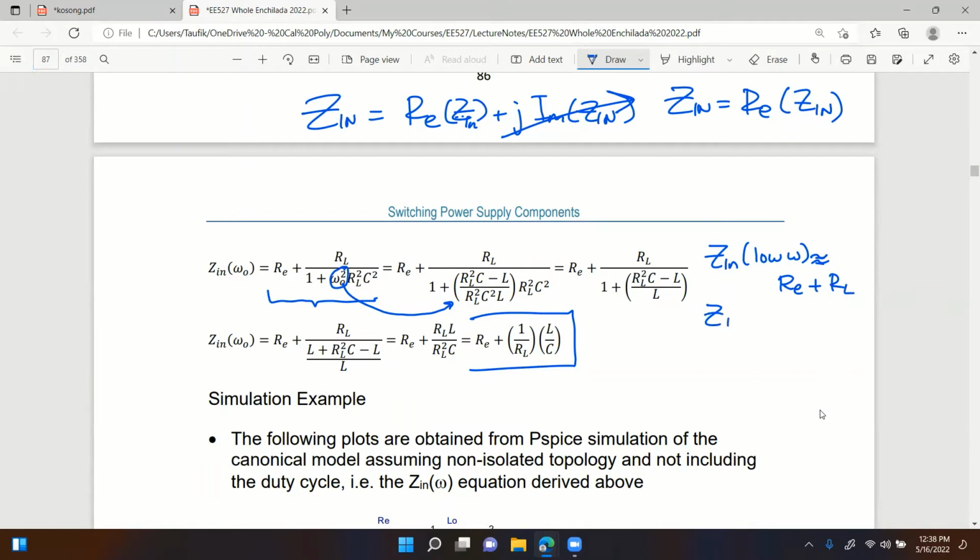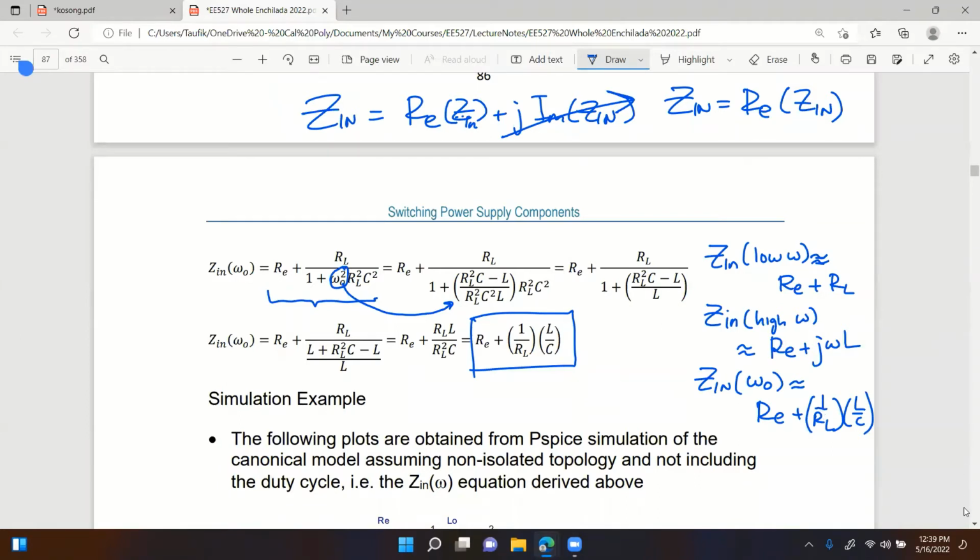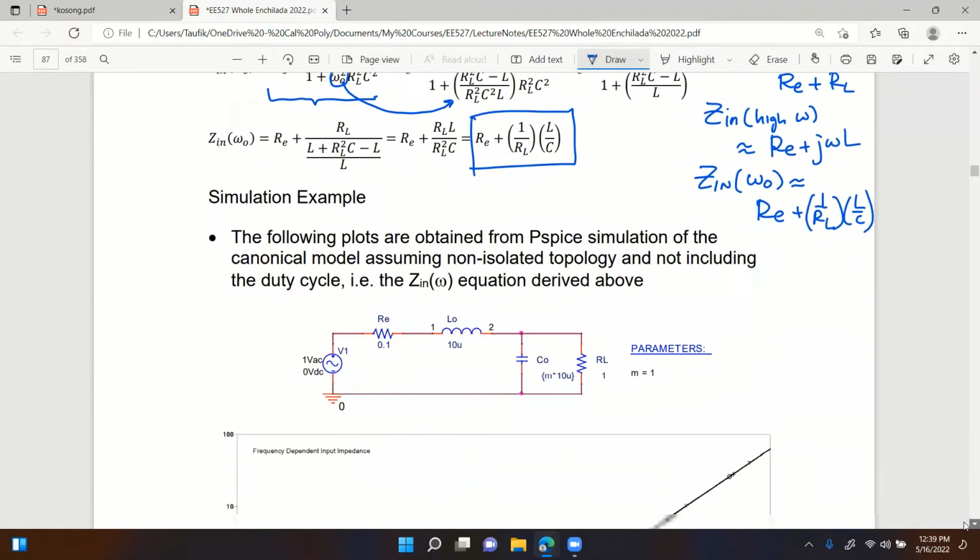Then Z in at higher frequencies is approximately equal to RE plus j omega L. And Z in at resonant frequencies is equal to RE plus that equation right there, 1 over RL times L over C. Just to summarize, those are the three critical points that we need to know out of the input impedance of the power supply.